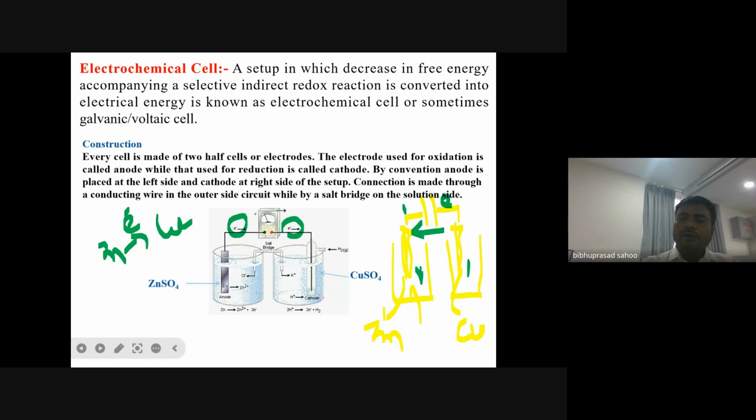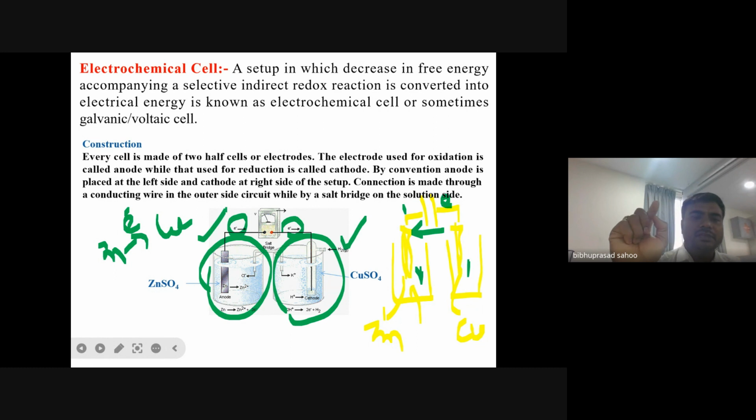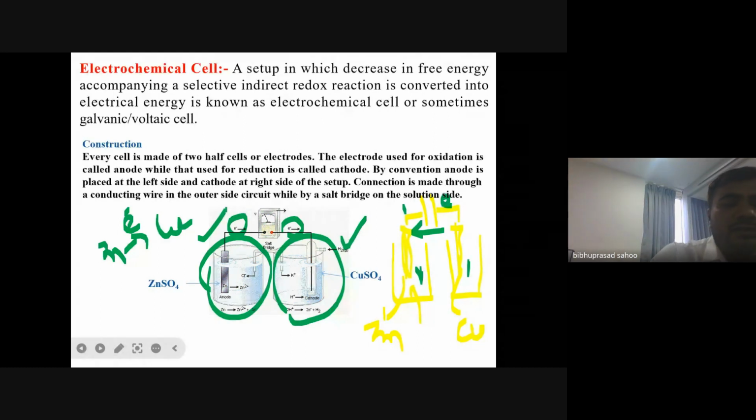Anode always loses electrons and becomes oxidized, and cathode always gains electrons and becomes reduced. Every cell is made up of two half cells, and every half cell is known as an electrode. This electrode is known as the cathodic half cell and this one as the anodic half cell.